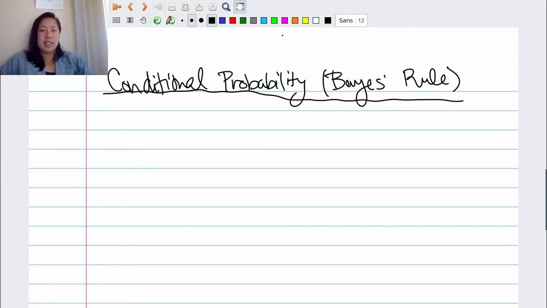Okay, so I guess here what the conditional part means, it's basically that you're updating your probability space.